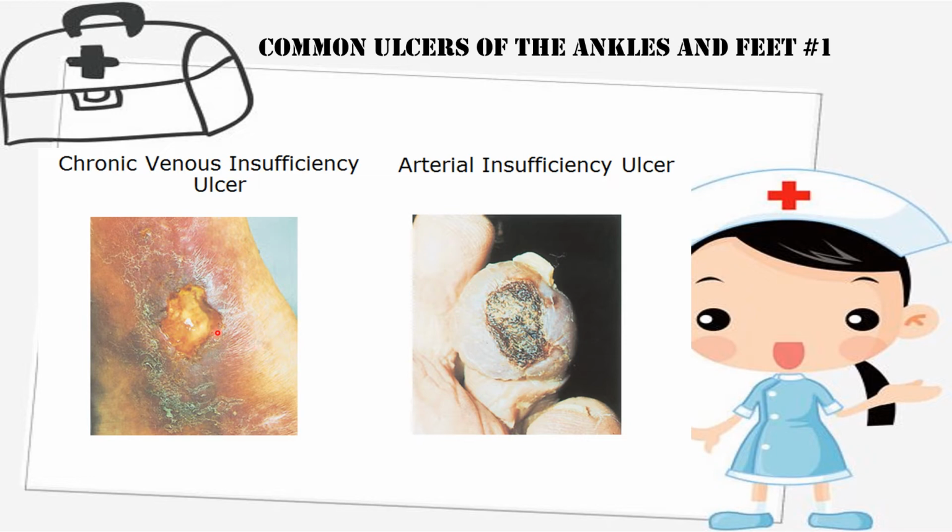So necrosis or exposed tendons are rare. Okay. So the borders are irregular, flat, or slightly steep. So the pain affects quality of life for about 75% of the patients.